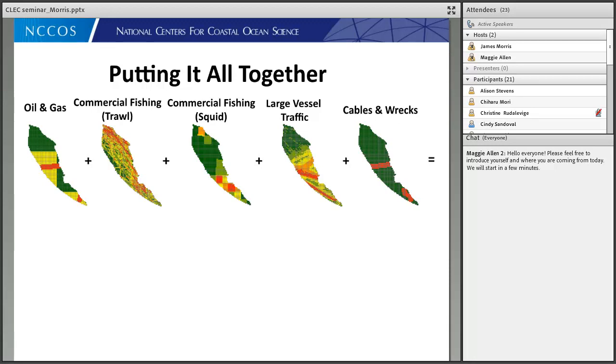In that case, we may give the score a 0.5, which means that it's not highly compatible, but it's not incompatible either. And so as you can imagine, we would go through all the various different data sets in the analysis and assign rules and come up with the overall suitability score for every grid within the area of interest.